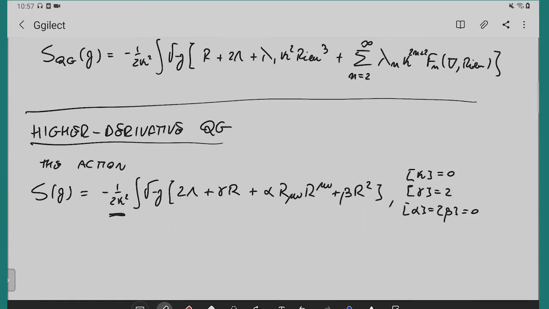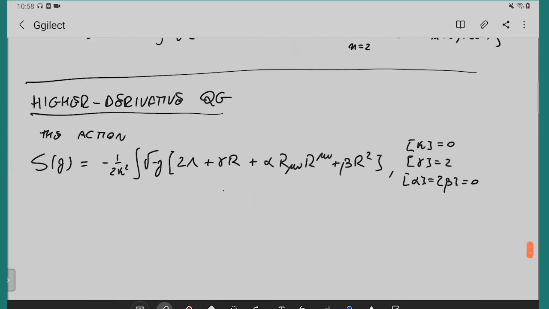It's like h bar: if you reinstate h bar in your action, in the path integral it would be 1 over h bar on the action, and h bar counts the number of loops. So I keep kappa usually to leave the number of loops visible when I compute counterterms, but this is just to tell you. So this theory is renormalizable.